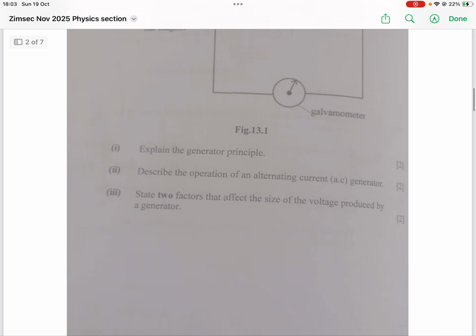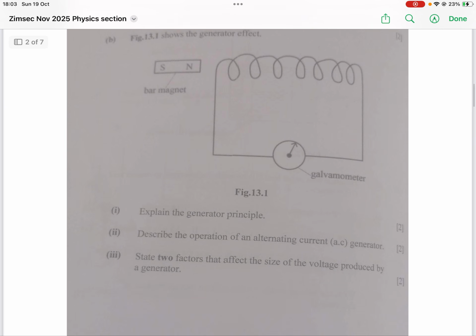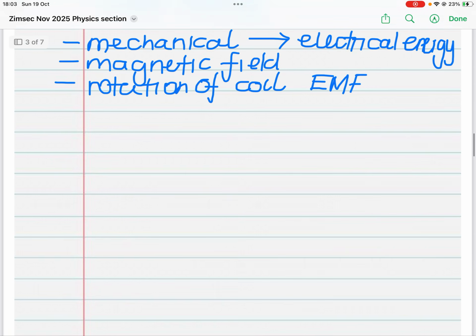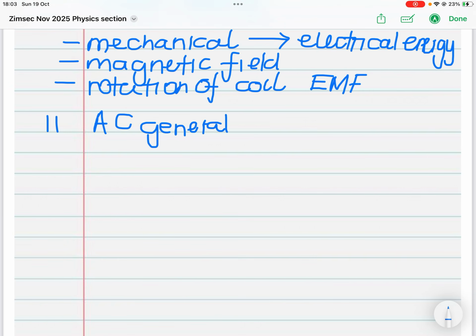And then we are now on part 2. Describe the operation of an alternating current generator, 2 marks. So we want now to explain how an AC generator works, right?